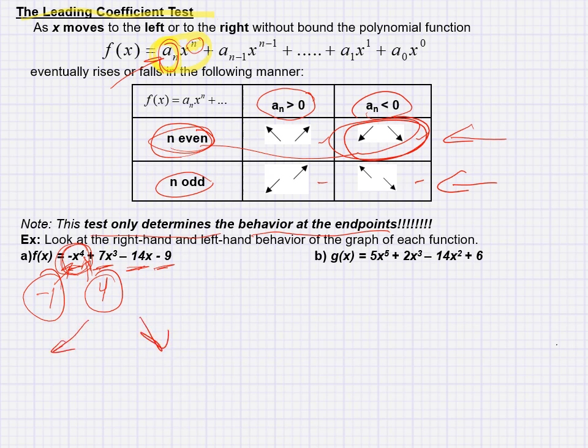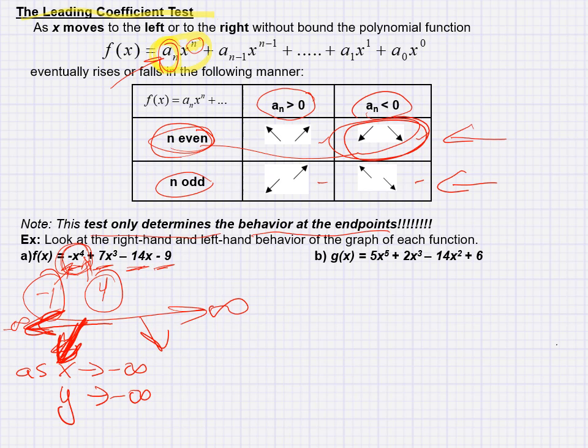So if you think of your x-axis going horizontal, here's negative infinity on this end, here's positive infinity on that end. So as I go this way towards negative infinity, as x goes to negative infinity, since my graph is pointing down, the y value is going to go to negative infinity.